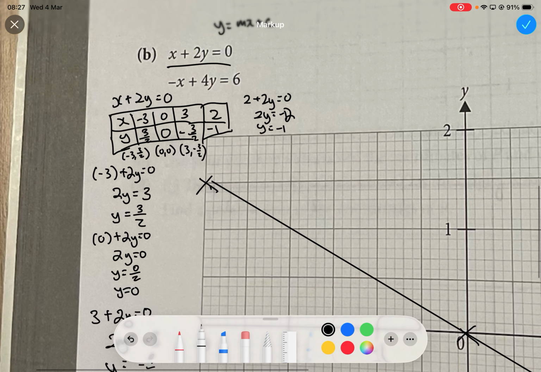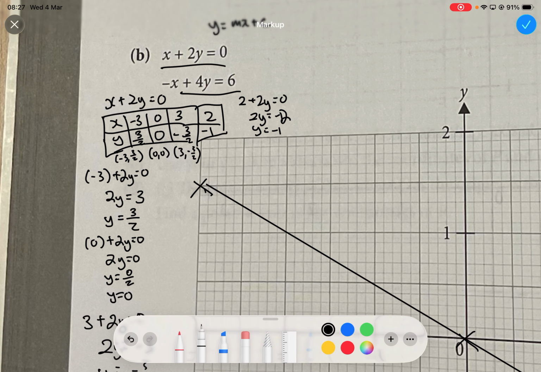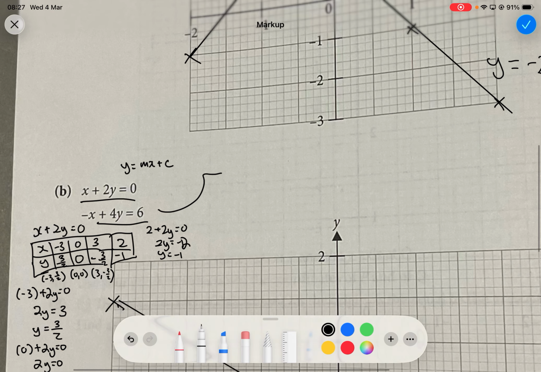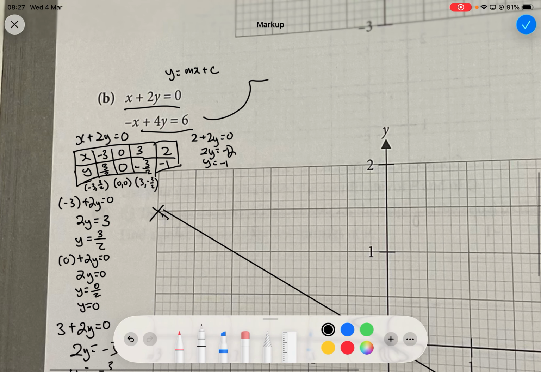Okay, then the other line, I show you the other way. From the second line, if I am more used to y equals to mx plus c, then from this equation that I'm given, I go and move the x, move the y, make it become y equals to mx plus c.